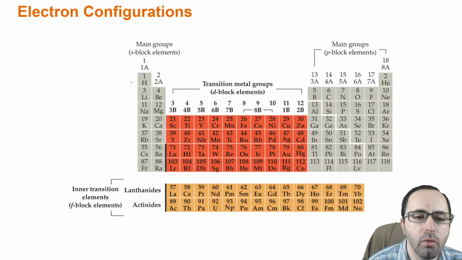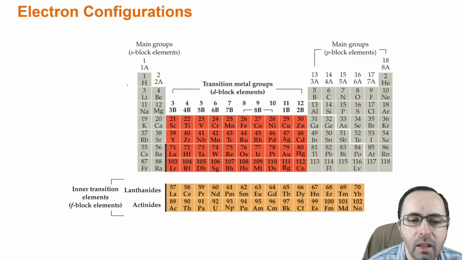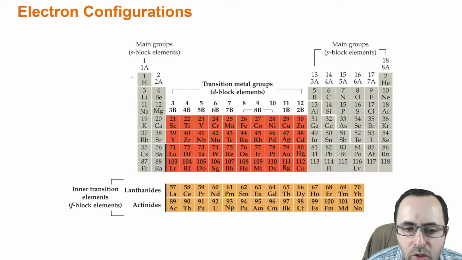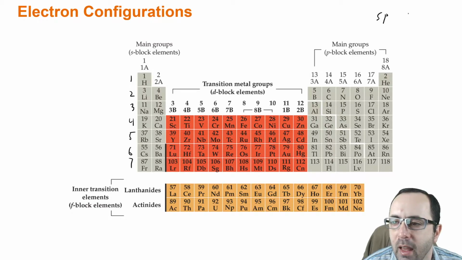In general, for the main group elements, the S block and the P block, the energy levels in which the electrons go can be indicated by the row number, or the period number, as they're called, 1, 2, 3, 4, 5, 6, 7. And for S and P orbitals, the energy level, or n, is going to be equal to the period number.